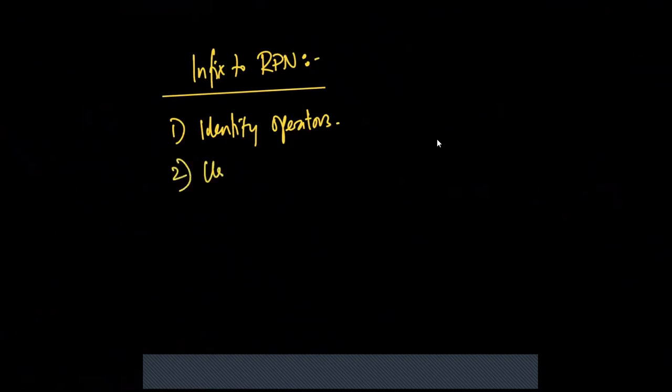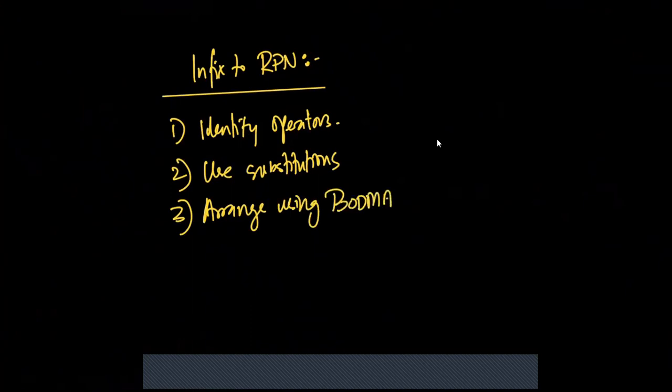Next thing is going to be use substitutions. And finally, arrange using BODMAS. Now at this point, you might be wondering whether we need BODMAS rules in order to understand how RPNs work.